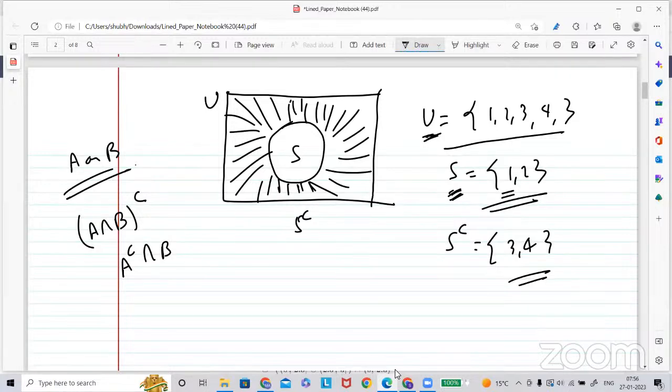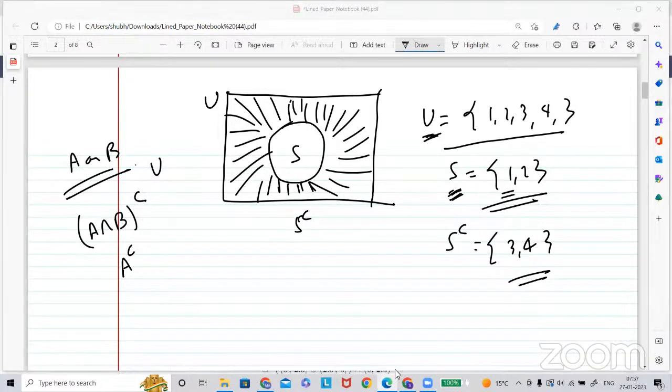Just A complement? Then the question is not properly written. Some superset should be given, and in that the question is what is going to be A complement. There is nothing about the set B. Okay, got it. Thank you.